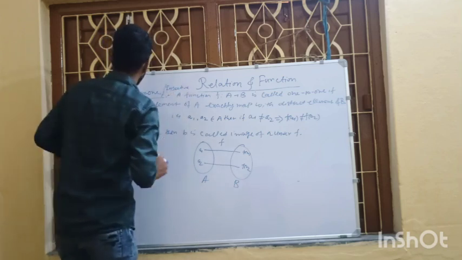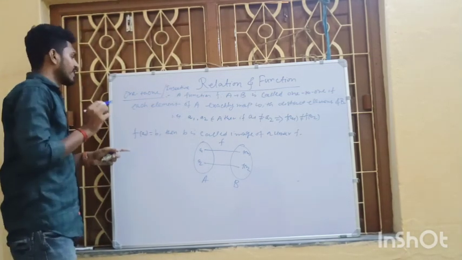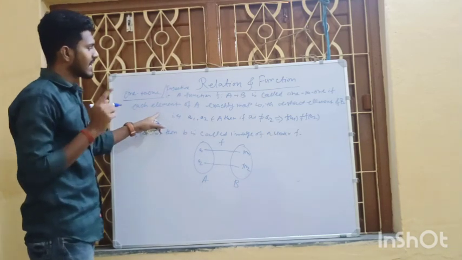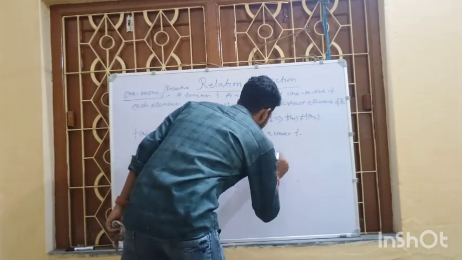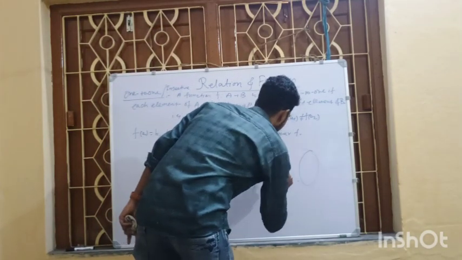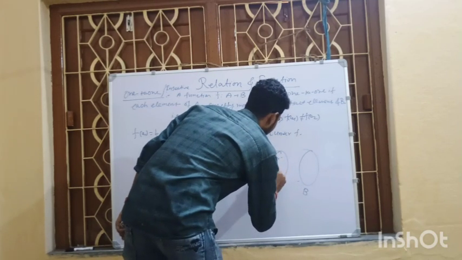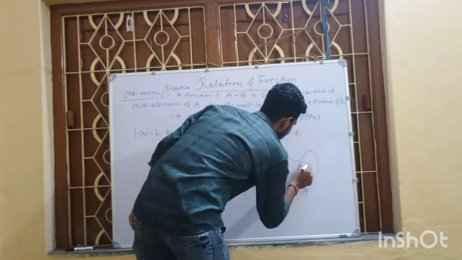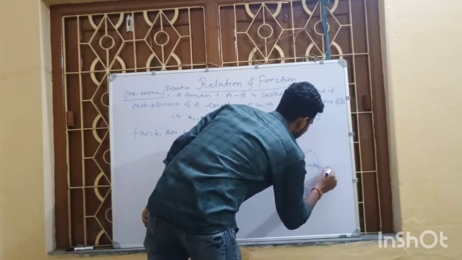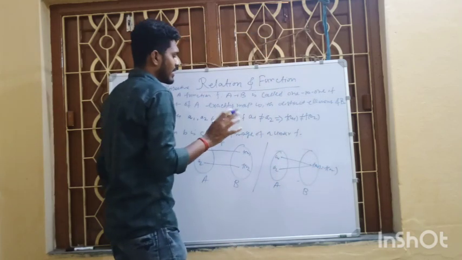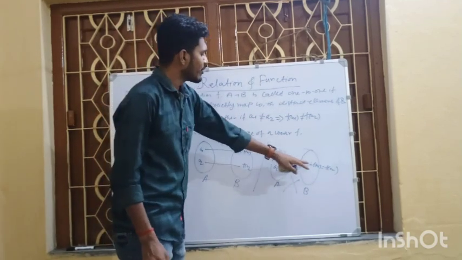So this is called a one-to-one map from A to B, or an injective map, if each distinct element of A has a distinct image in the set B. If this is A and this is B, this is A1 and this is A2, and these two elements map to the same element, that is f of A1 and f of A2, this is not a one-to-one function because two distinct elements map to the same element.